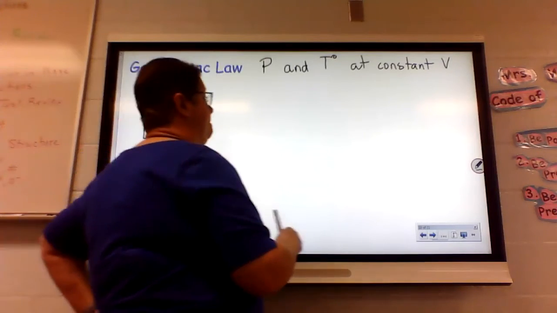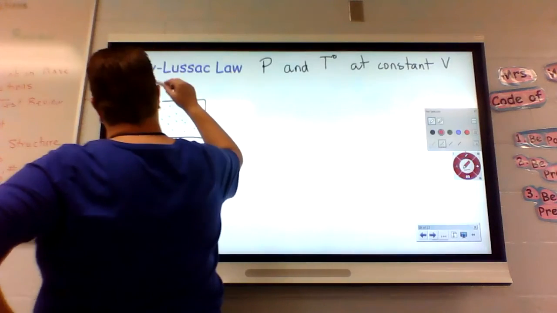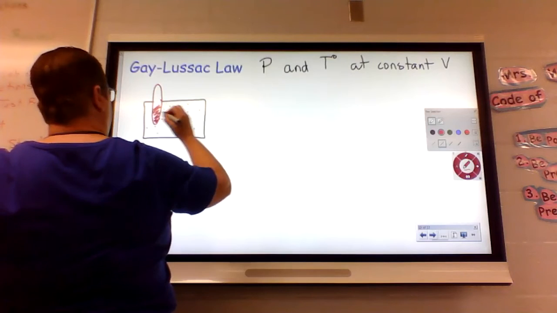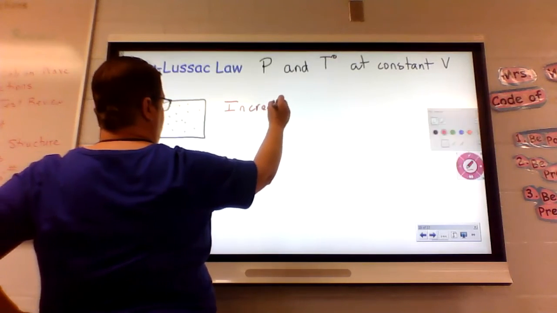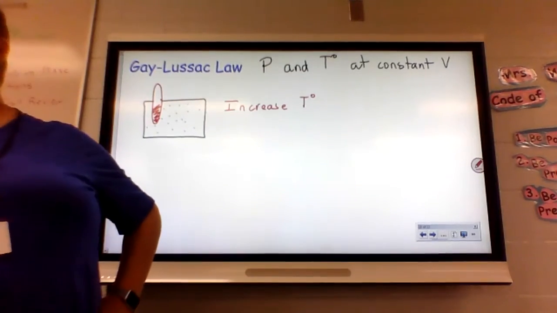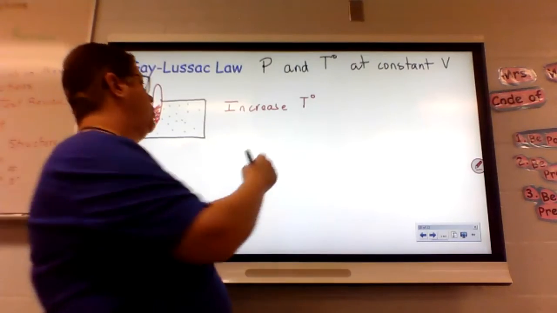All right, and I'm only going to draw one this time because this one's a pretty easy one to understand. Okay? If you increase the temperature, what do you know is going to happen to the particles inside the container? All right, the particles move faster.